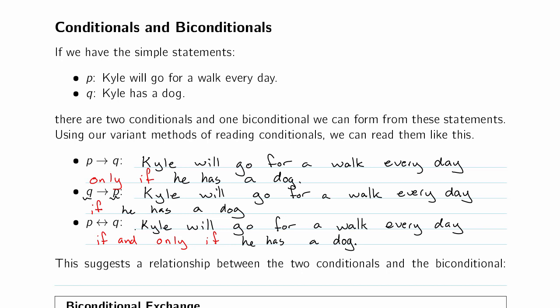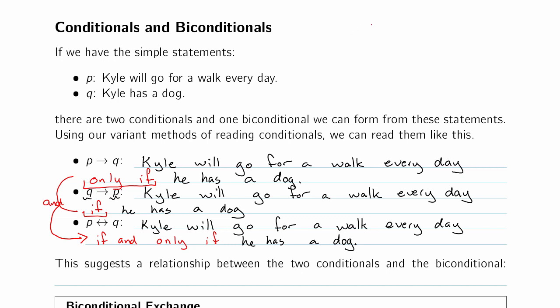Do you notice that these three sentences are very similar? Here we have only if. Here we have if. Put those together with an and between them, and we get if and only if.